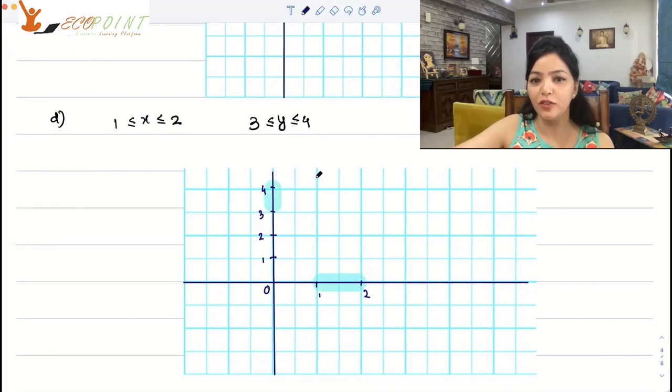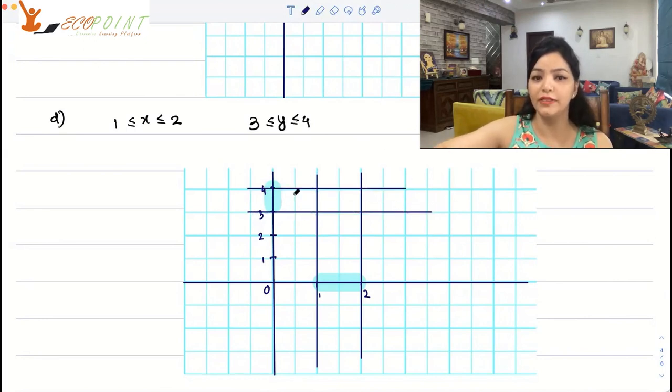So let's have two vertical lines telling us that x is always equal to 1 and that x is always equal to 2. And let's have two horizontal lines telling us that y is always equal to 3 and y is always equal to 4. So this would mean that the region we're talking about lies out here.